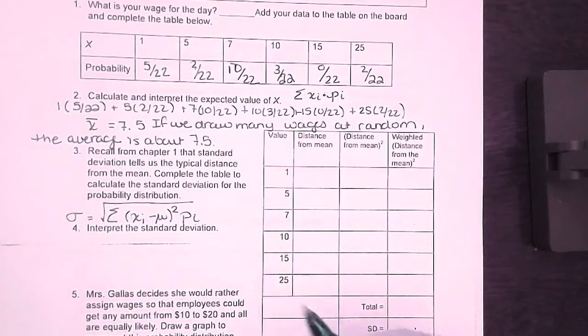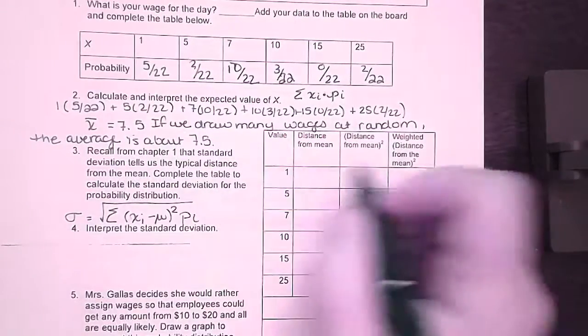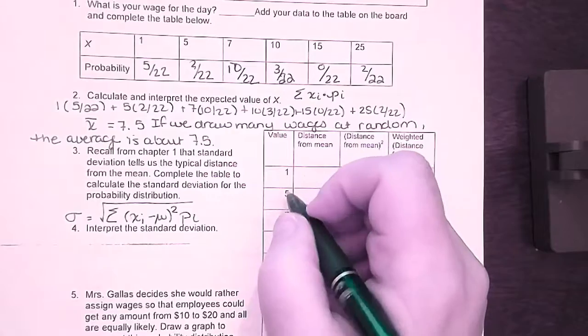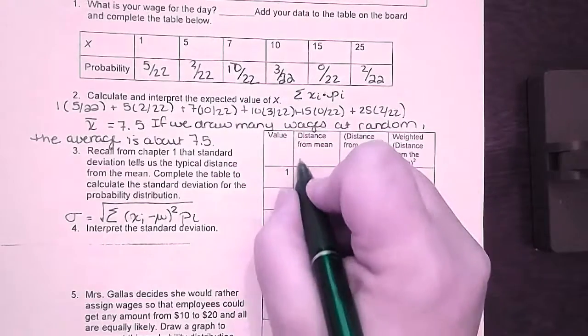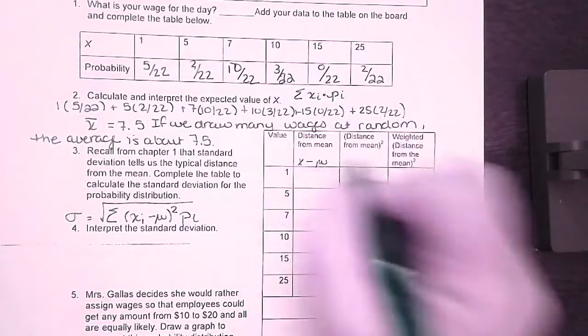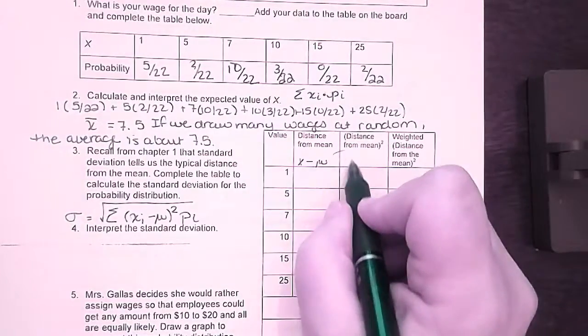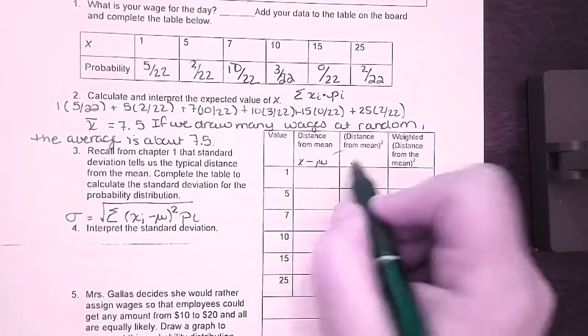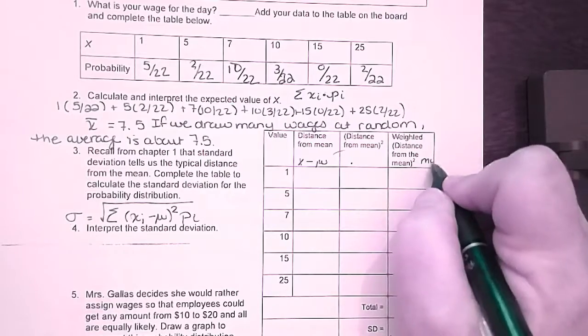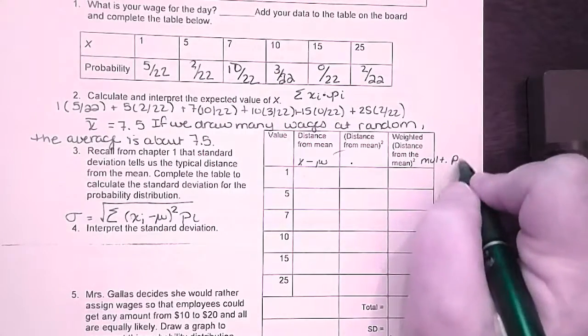Remember that our mean is 7.5. So we're going to do that value minus the mean, and then square it, and then multiply it times the appropriate probability.